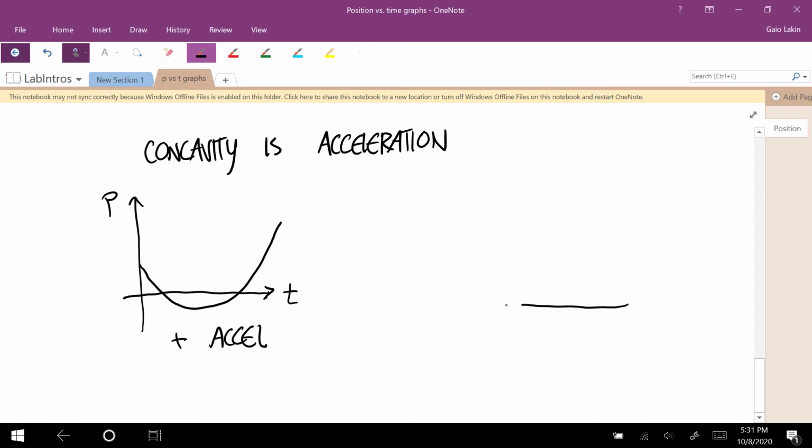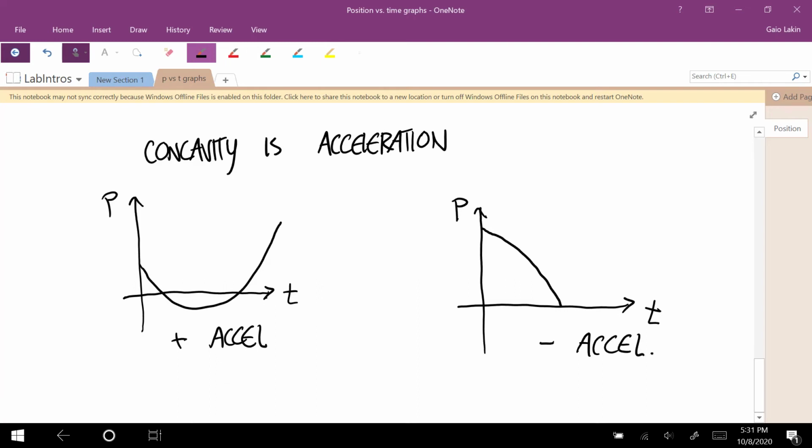What about a graph like this? Okay, it's not that whole frown shape, but it's part of that shape. And so this represents a negative acceleration over the whole thing.